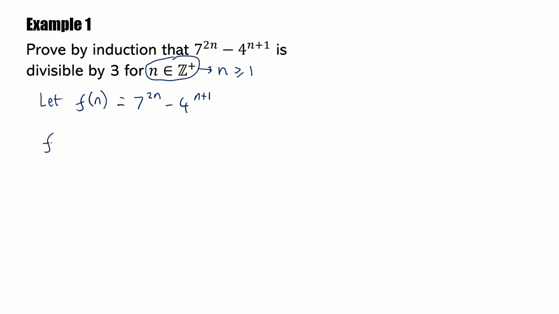So f of 1 will equal 7 to the power of 2 minus 4 to the power of 2. That's 49 take away 16, which is 33. 33 is equal to 3 times 11. Therefore, it's divisible by 3, as we wanted.